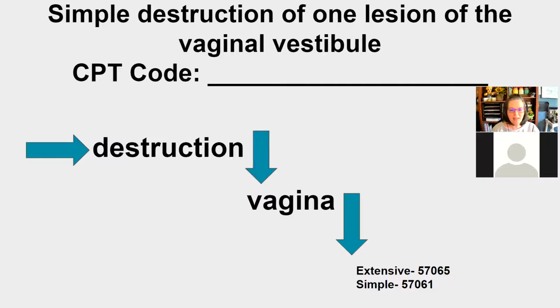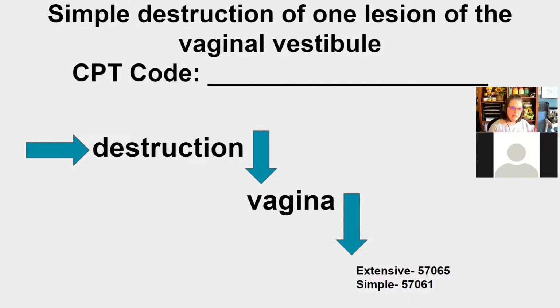So what did we actually do? We did a destruction. Where did we do the destruction? We did it in the vagina. Once we go to our index, we're going to see two choices, extensive and simple.